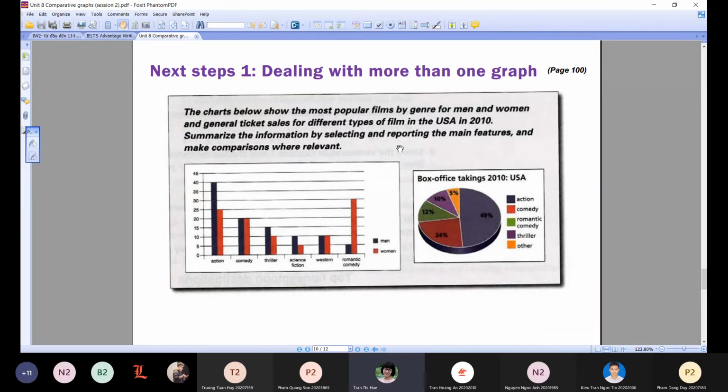Okay, so can you please take a screenshot so that you can have the graphs available on your device, and then spend around 20 minutes to write, to describe these two, one bar chart and one pie chart, using one of the two structures you have just studied in the previous part of the lesson today.